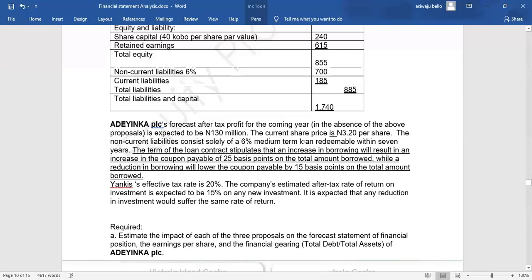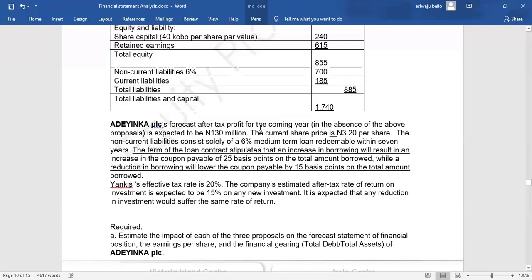That means our existing debt is 700 million. On this existing debt, we have calculated 6% before. How do we know that we have calculated 6% before?